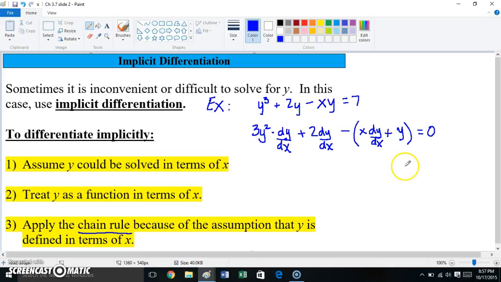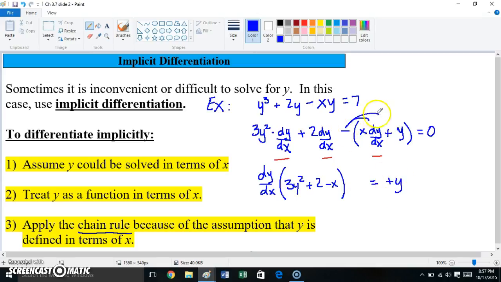Okay, so there's the derivative. It doesn't look pretty, but what I could do is isolate all these terms that have dy dx in them and solve for dy dx. So dy dx times 3y squared plus 2 minus x would equal a positive y.